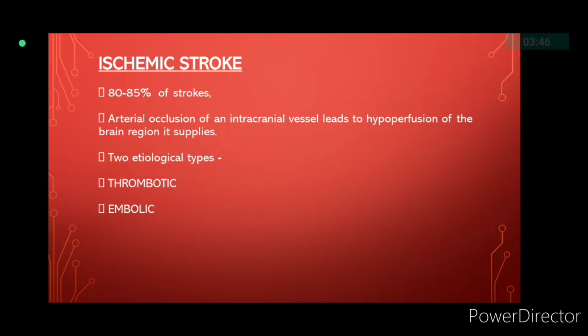Second point, arterial occlusion of an intracranial vessel leads to hypoperfusion of the brain region it supplies. Third point, two etiological types: A. thrombotic, B. embolic.